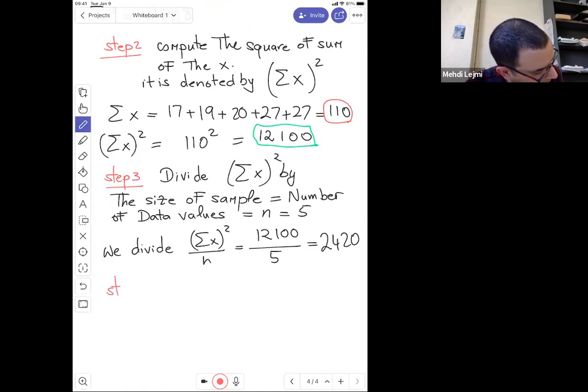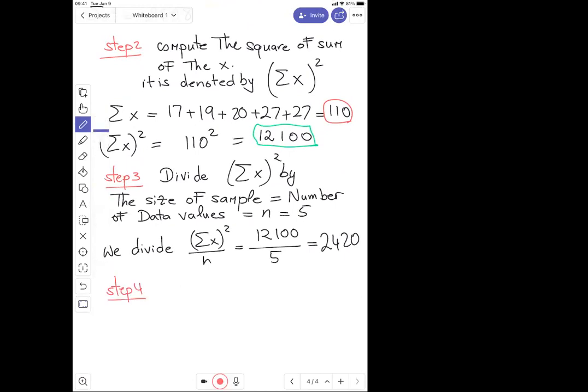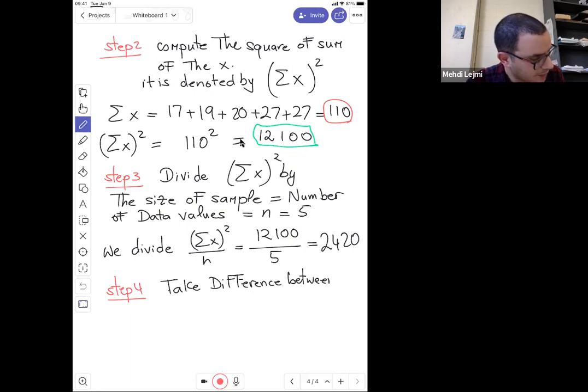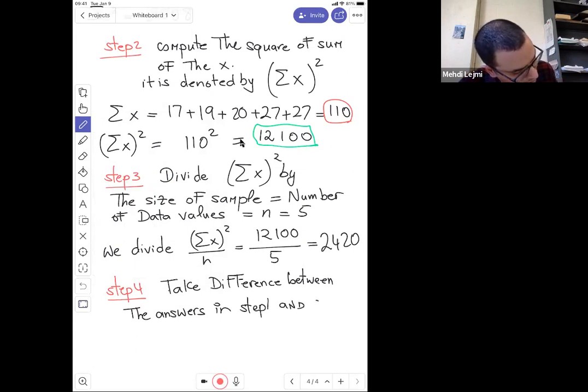So step 4, we're going to take the difference between the answers in step 1 and step 3, and divide by n minus 1, the size of the sample minus 1.